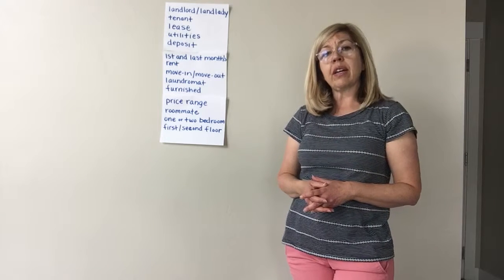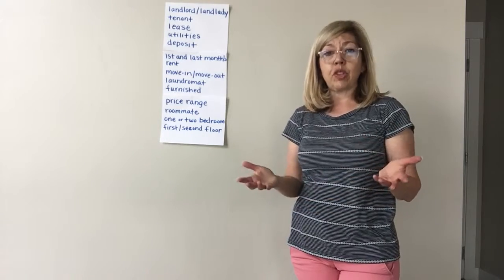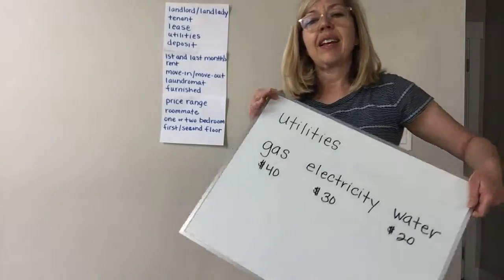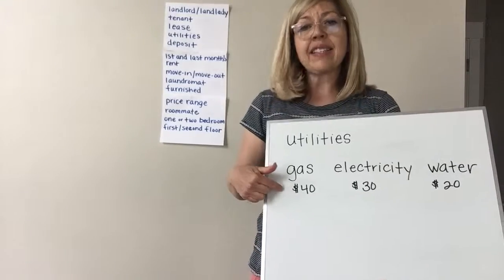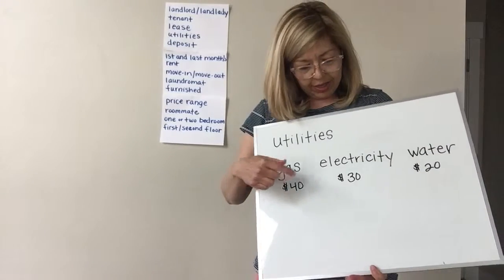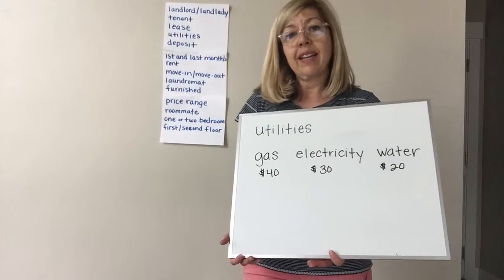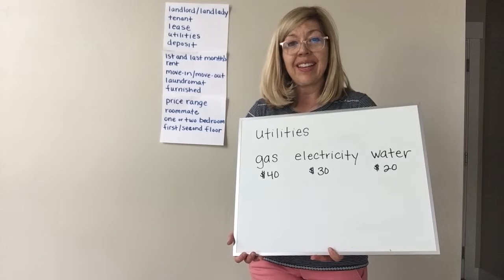So you'll also hear a phrase that is "comes to," and let me explain that. Let's say for utilities, the gas is about $40, electricity is $30, and water is $20. And so the total amount is $90.